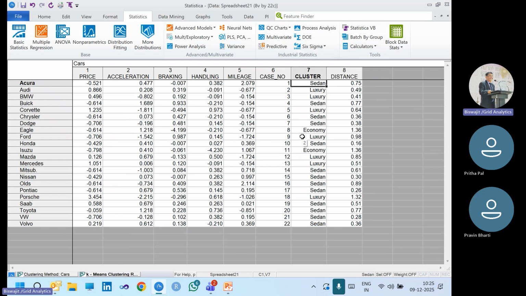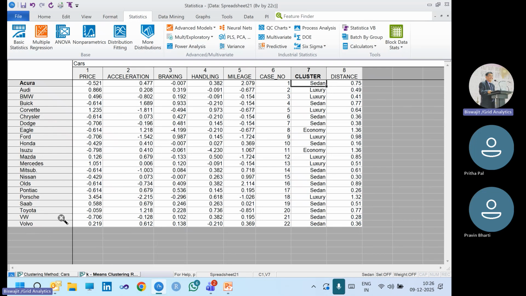Since one of our main objectives in cluster analysis is to develop a prediction or classification, we are solving a market segmentation problem here. At the moment I get a new customer, say case 23, right? I ask the customer, what is your preference?